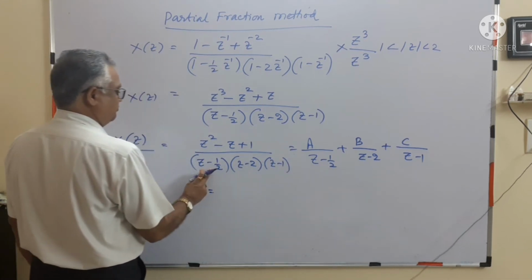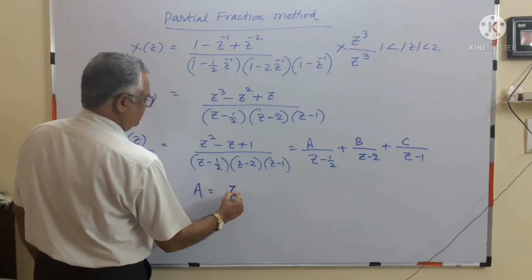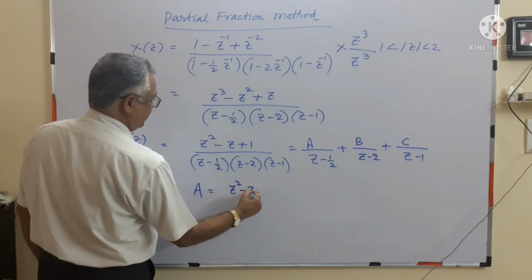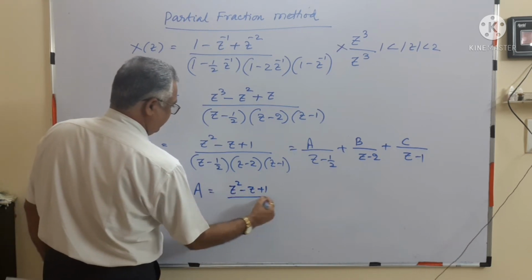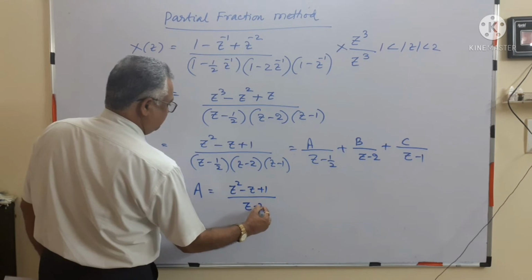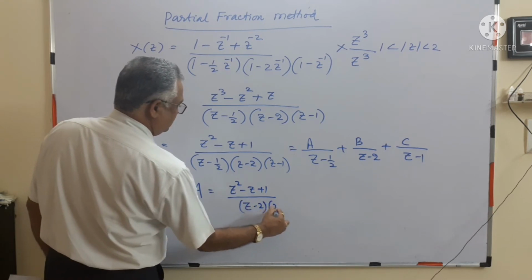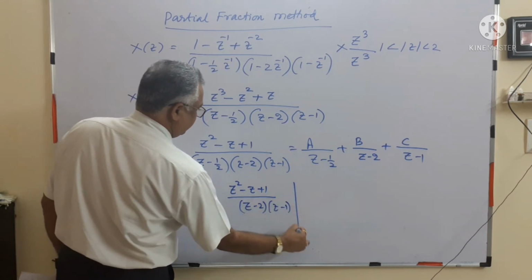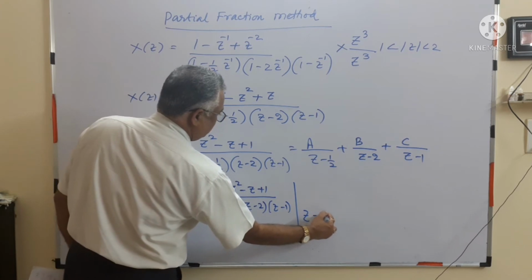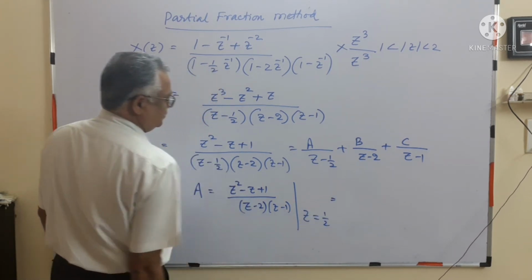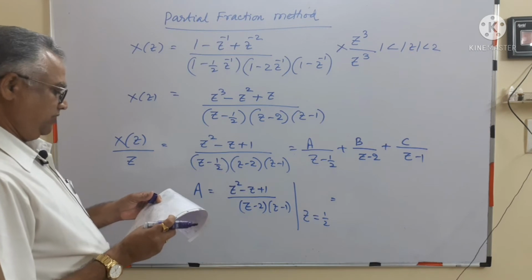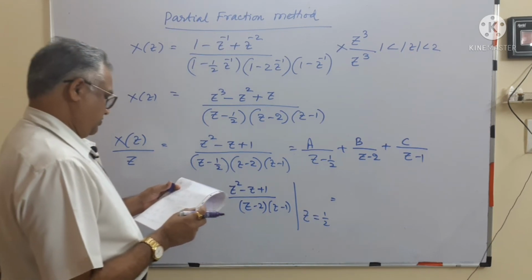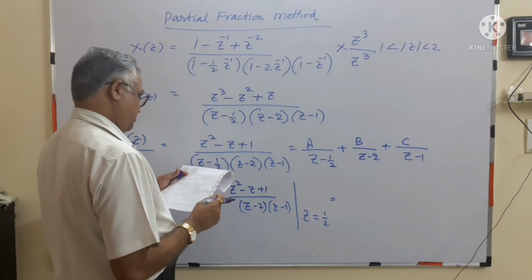This term cancels. Simplify z square minus z plus 1 by z minus 2, z minus 1 at z equal to 1 by 2. So just simplify, you will get the answer 1.